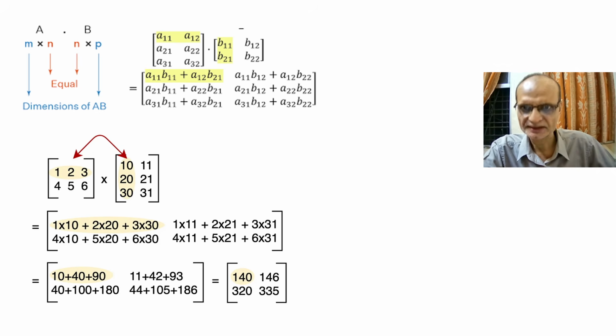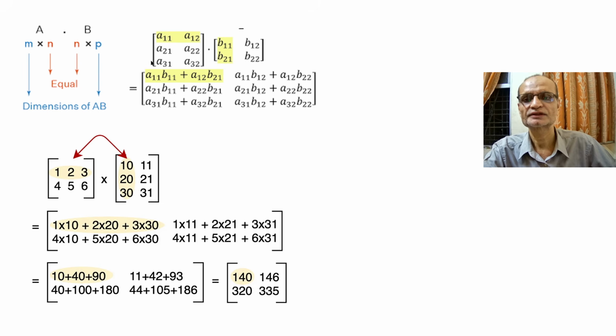Now if I want to multiply, let's say, a matrix of 3 rows and 2 columns with a matrix of 2 rows and 2 columns, then you carry out the multiplication like this: a11 gets multiplied with b11, then a12 gets multiplied with b21.